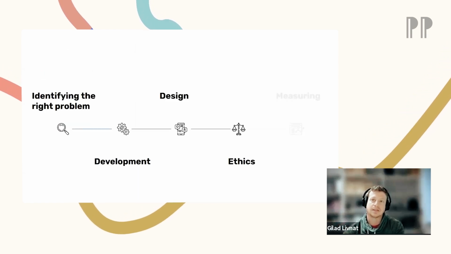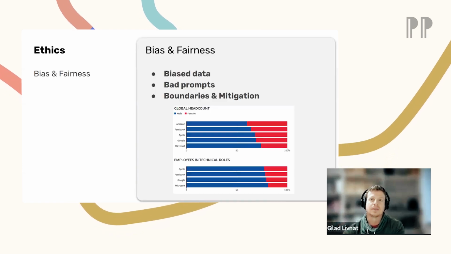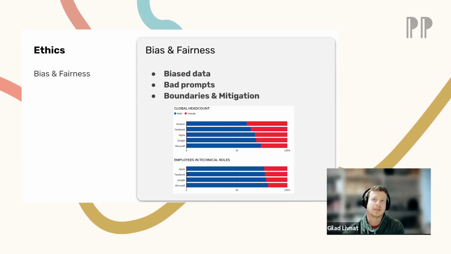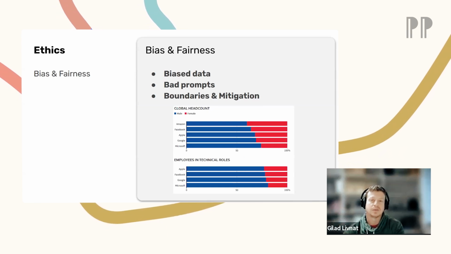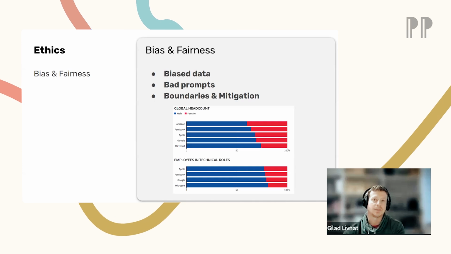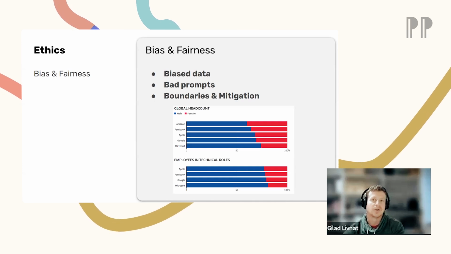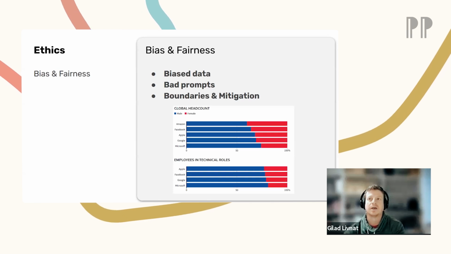In terms of ethics, I don't know if you read about this, but it's very important to make sure that you don't have biased data, and that you don't have bad prompts that can expose that you do have biased data, and then your answers will be not appropriate.